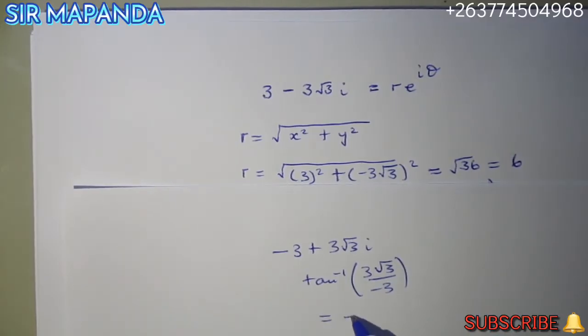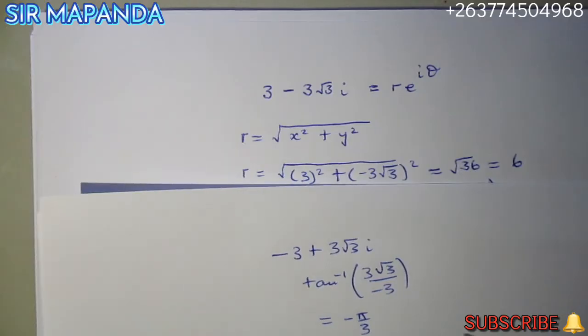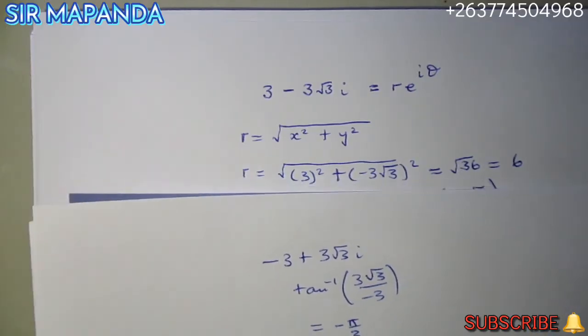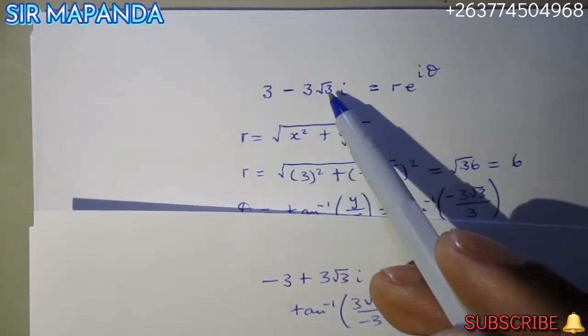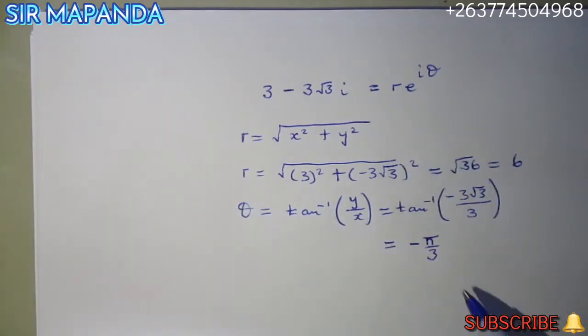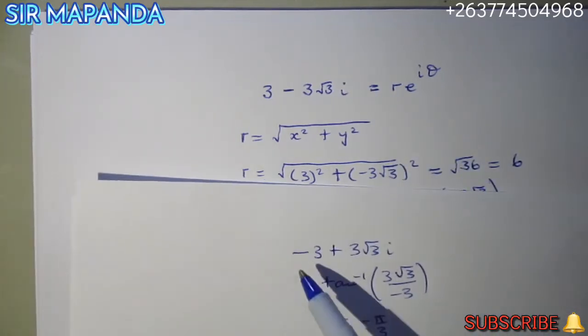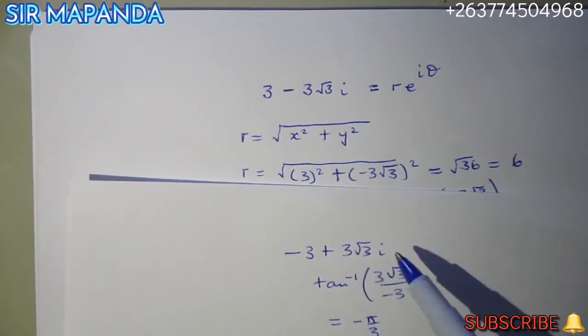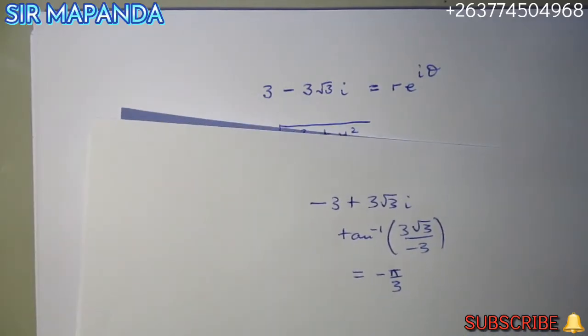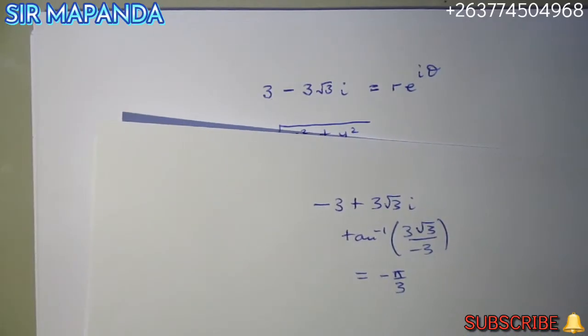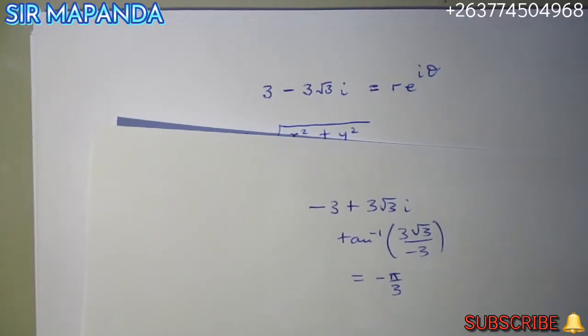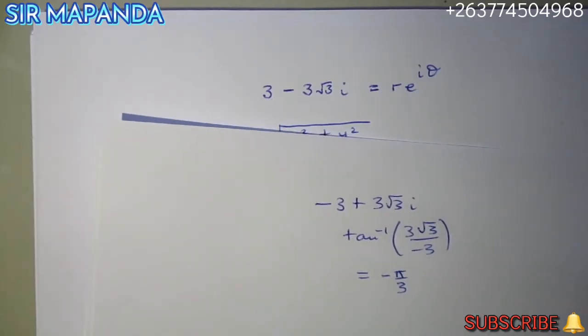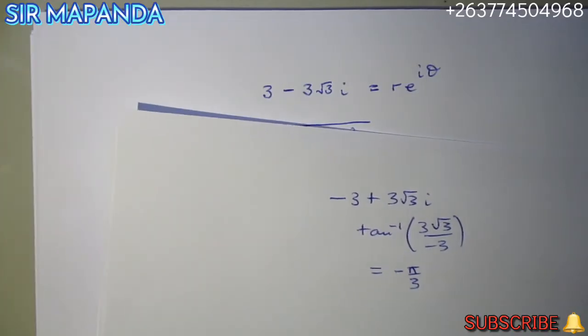If you punch this in your calculator, you will get minus pi over 3. I want you to notice something. 3 minus 3 root 3i is producing minus pi over 3. Minus 3 plus 3 root 3i is also producing minus pi over 3. But the two complex numbers are different and they must produce a different argument, right?